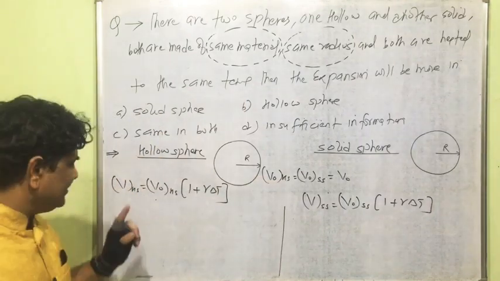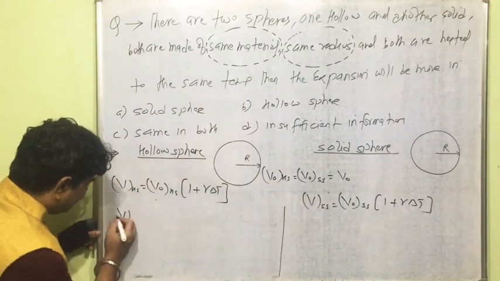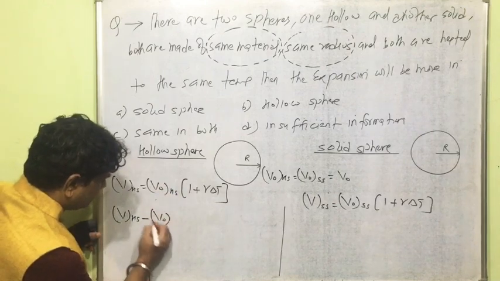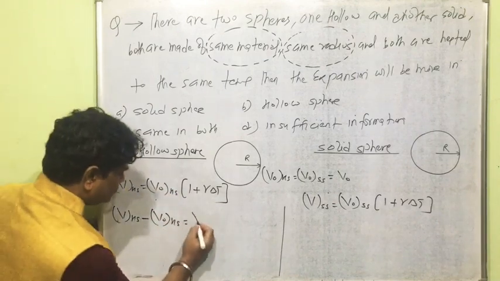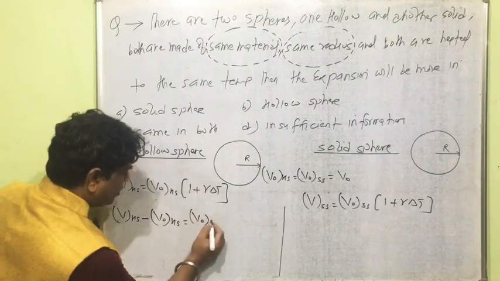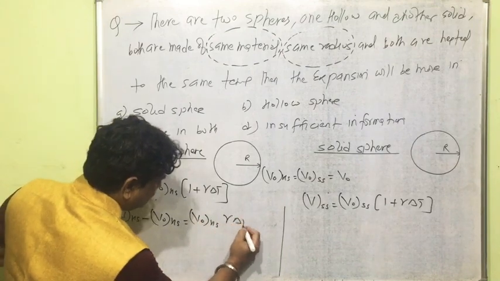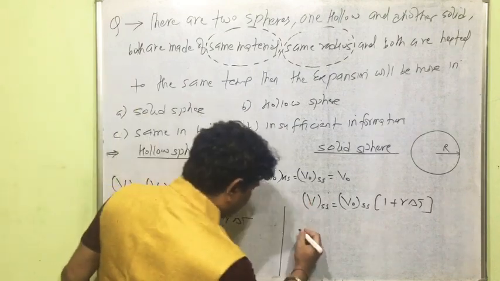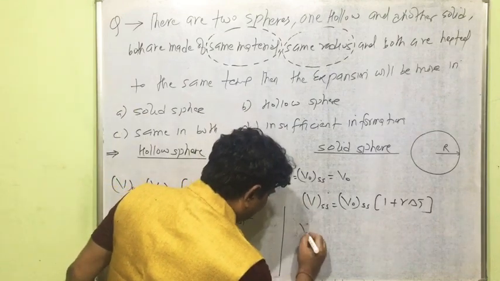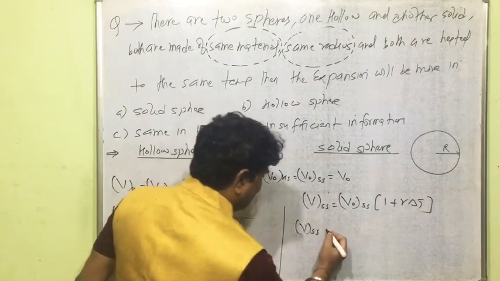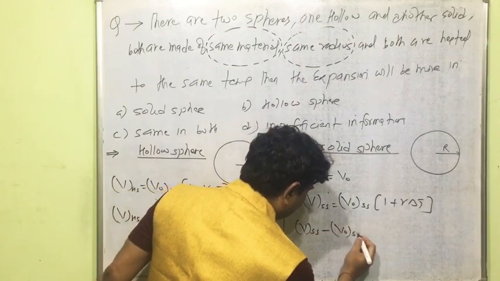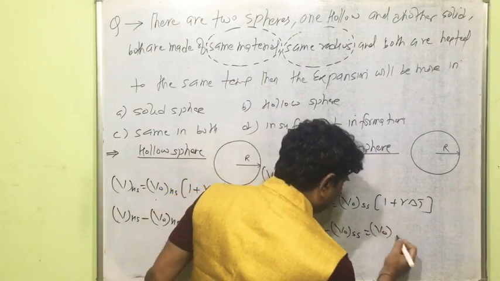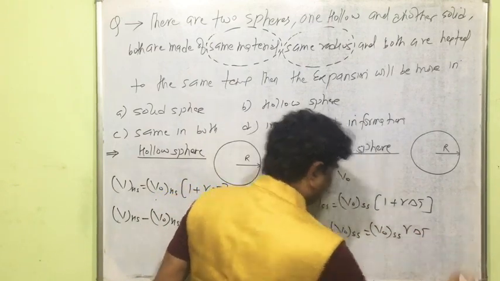Now we can simplify this relation. Final volume of the hollow sphere minus initial volume of the hollow sphere is equal to initial volume of the hollow sphere into gamma into delta t. Similarly, final volume of the solid sphere minus initial volume of the solid sphere is equal to initial volume of the solid sphere into gamma into delta t.